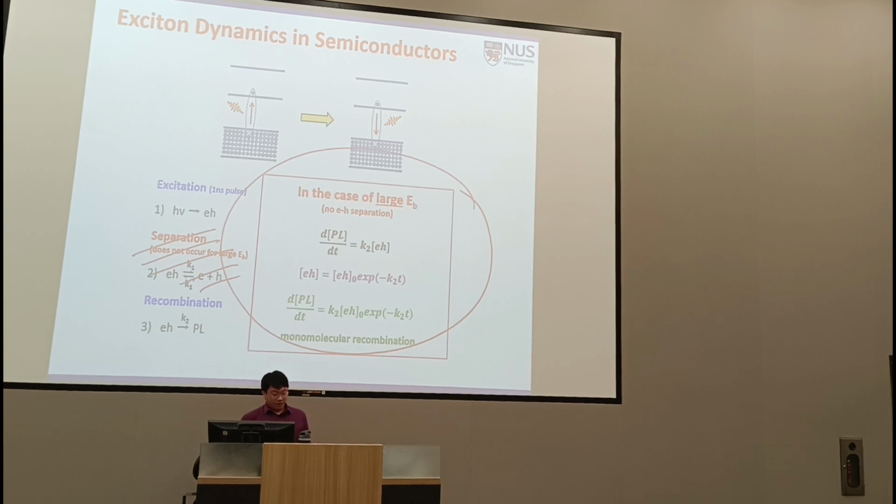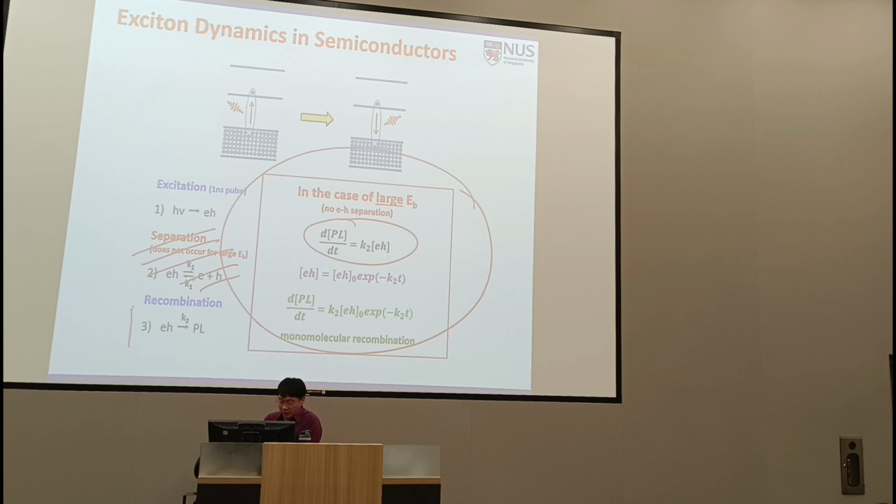So I hope to briefly go through the math. But again, don't worry if you cannot follow this. It's not the intention for you to study chemical kinetics. Of course, you can do it in other classes, but not exactly in this module. Okay, so anyway, I can write this first rate equation: dPL/dt equals K2 times exciton concentration.